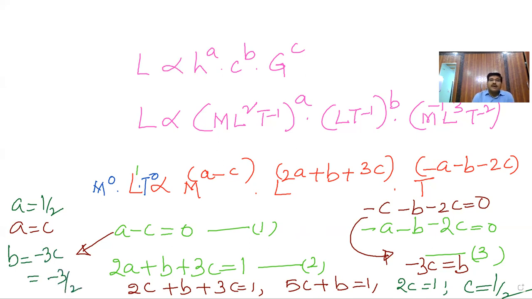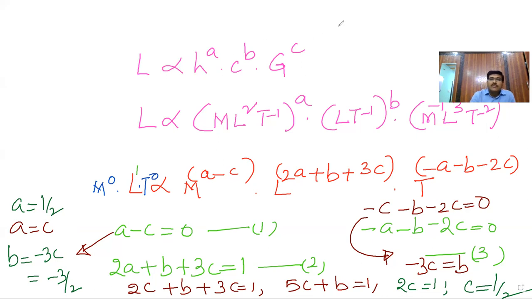Hence, A is equal to half, B is equal to minus 3 by 2, C is equal to half. Have the clarity. Solving the equations, you have to be very careful.